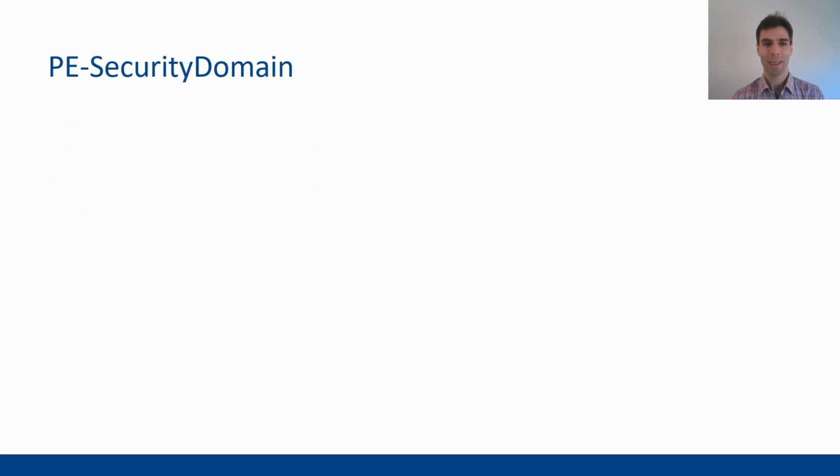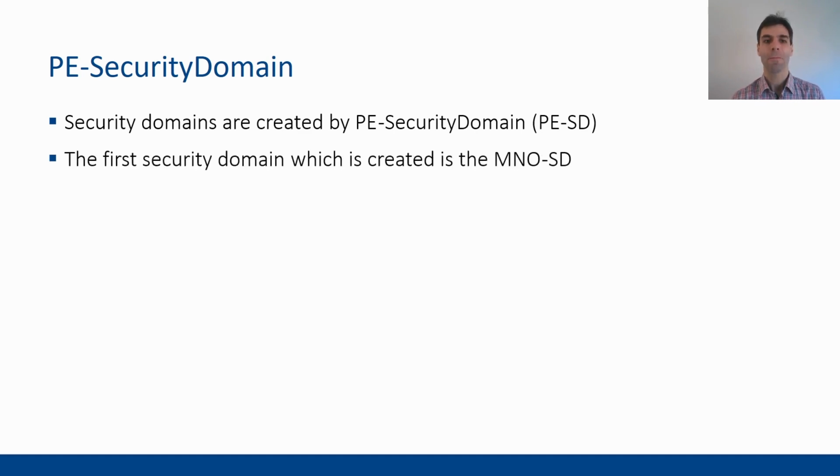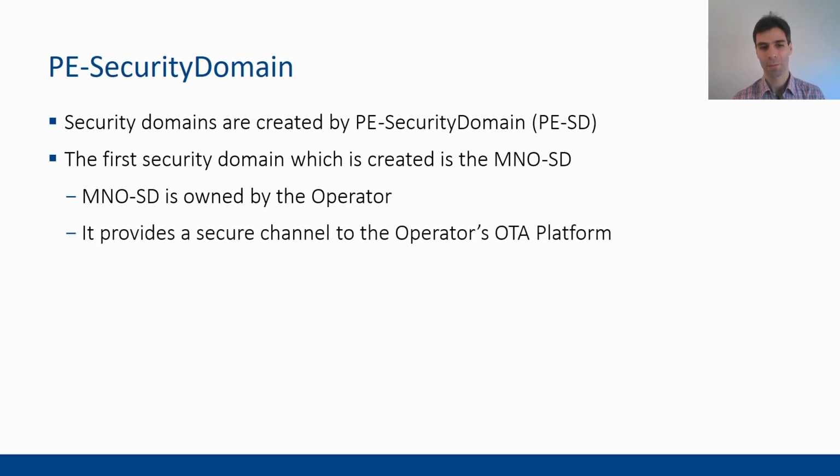So, take a look at the PE security domain. The security domains, as you might guess, are created by using the PE security domain. The first security domain in the profile which is created is the MNO SD. The MNO SD is owned by the operator.